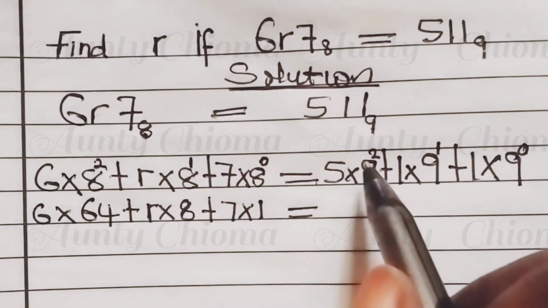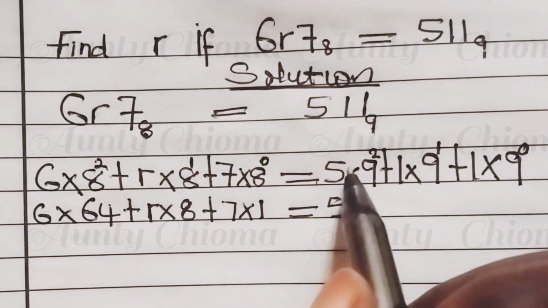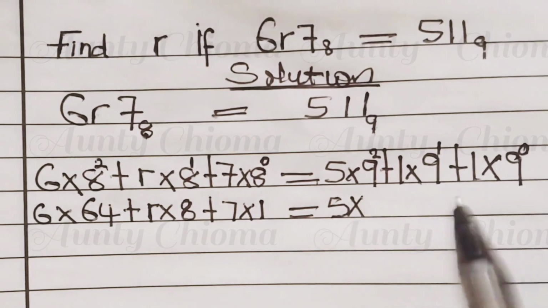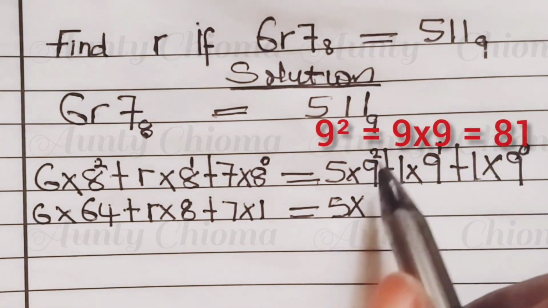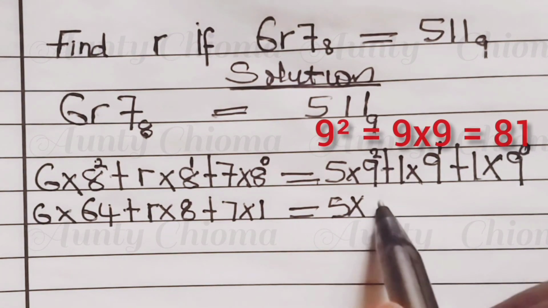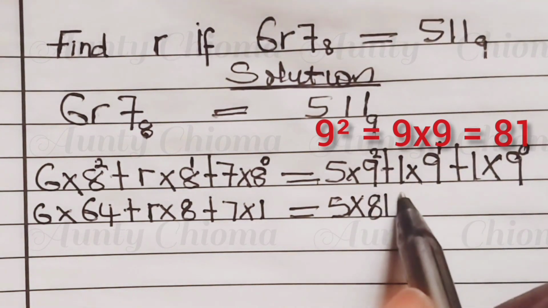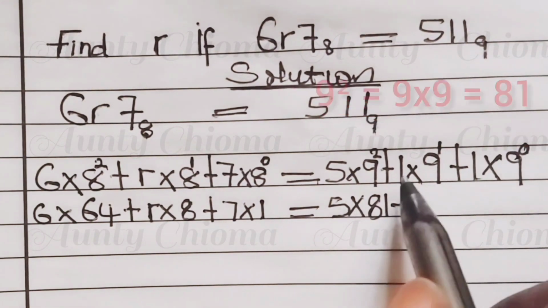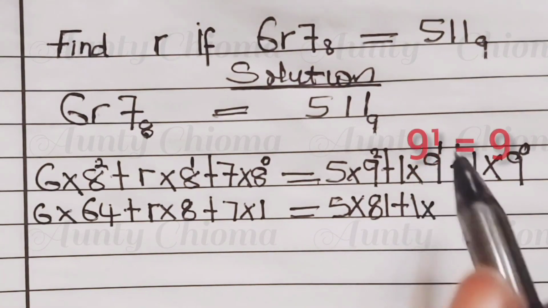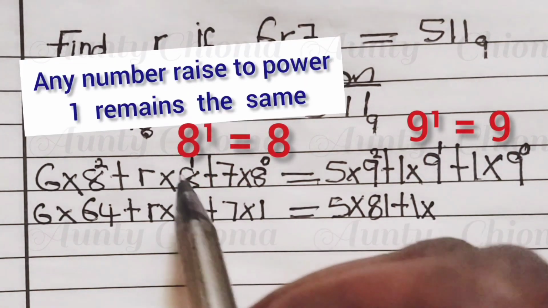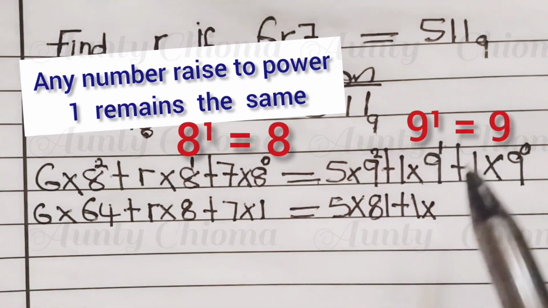I put my equals to. Then I come to this side. Carry down the 5 first, times 9 raised to power 2, which means 9 times 9, and it will give me 81. Put the plus, write the 1 times 9 raised to power 1. As I did here, 8 raised to power 1 is 8, so 9 raised to power 1 is still 9.